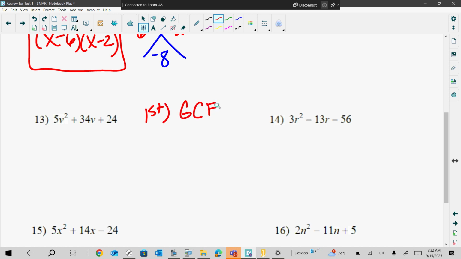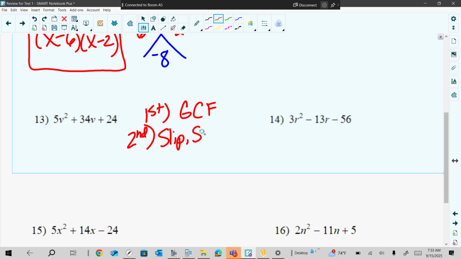But now because there is an a squared or coefficient in front of the x squared term, we have to slip, slide, and reduce.